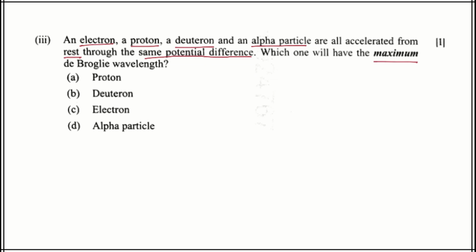In this case, we know lambda equals to h by p, where p is the momentum of the particle and lambda is the wavelength. So again, kinetic energy of the particle is equal to electronic charge times potential.